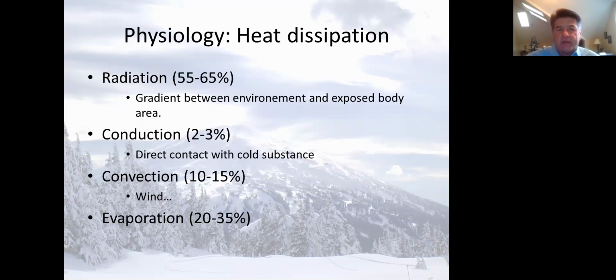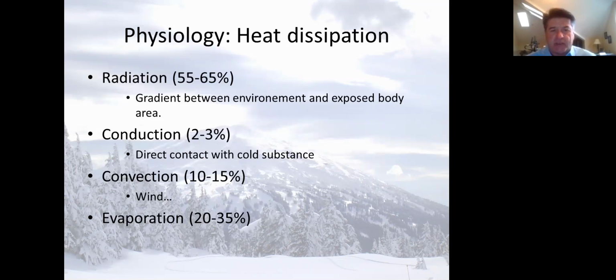We lose about 55 to 65% of our heat from radiation. Conduction is about 2 to 3%. Convection, that which comes off. If you think of a convection oven, it's primarily just an oven that has a little wind tunnel in it, and that is about 15%. And evaporation is relatively high, 20 to 35%.